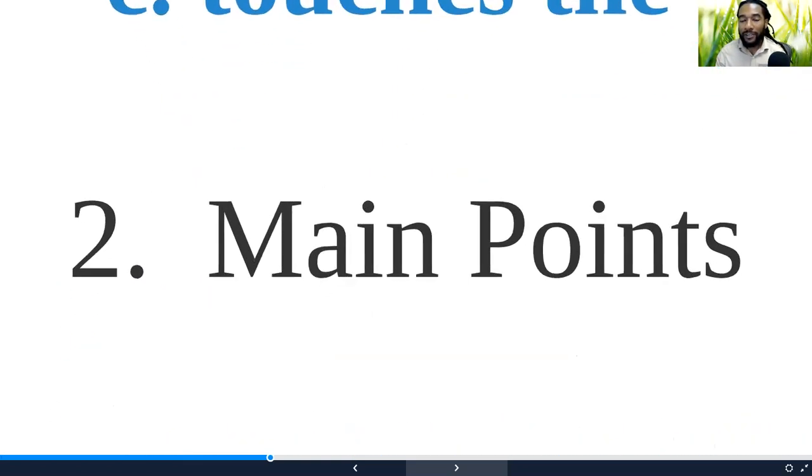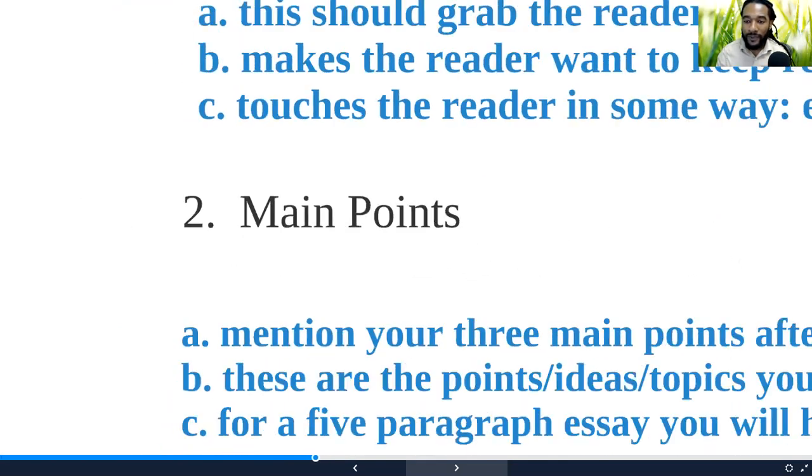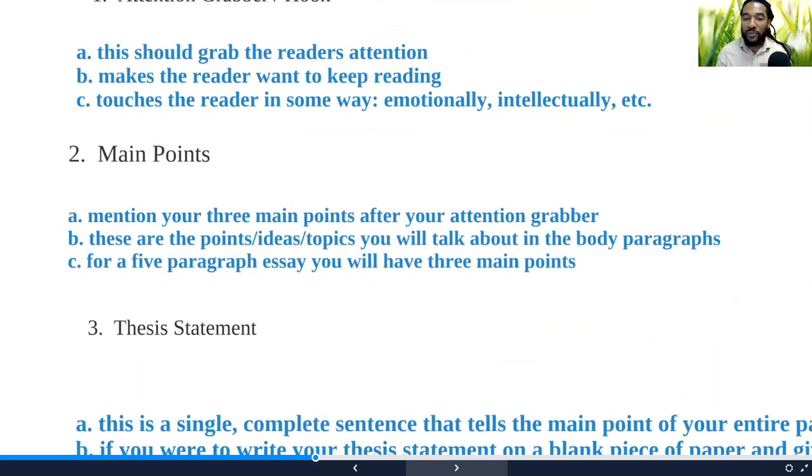After the attention grabber, you're going to mention your main points. Your main points are the things that you are going to get into detail about in your body paragraphs. If it's a 5-paragraph essay, you're going to have 3 main points. So that means you're going to have 3 body paragraphs. I suggest giving 1 sentence to each main point.